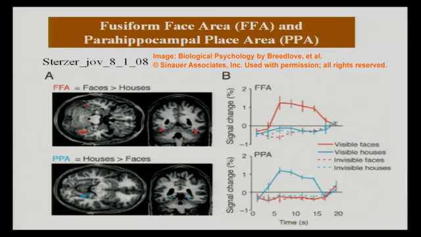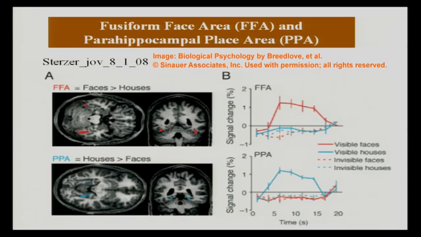When you do that, when you look at the areas of the brain that become active when you show faces, what you see is a particular area at the base of the brain in the fusiform gyrus that has been called the fusiform face area, and that's shown in red here. And this is the increase in activity that you see when subjects view faces.